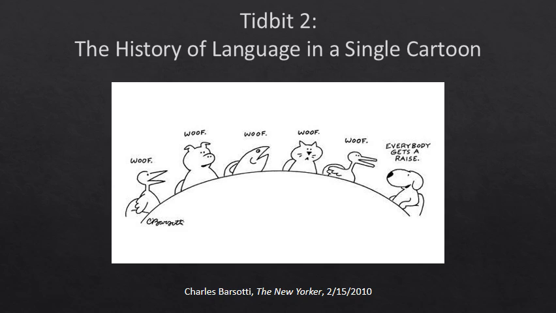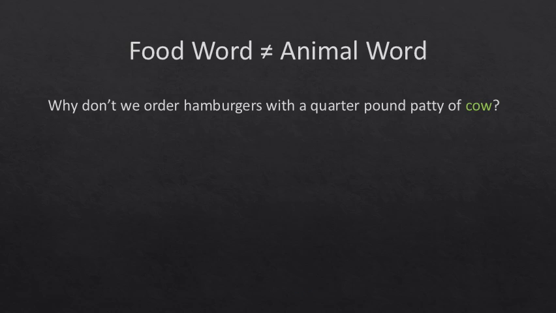But now on to the main event. I'd like to introduce today's subject by pointing out something you might have noticed. That in English, unlike any other language I'm familiar with, our words for a particular food are not the same words for the animal that food comes from.